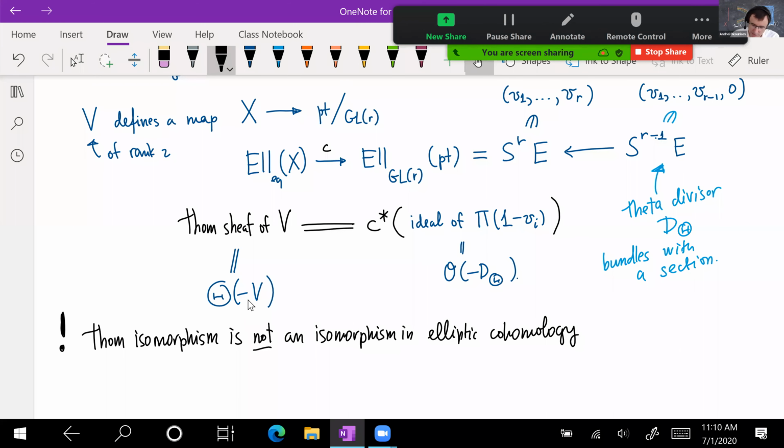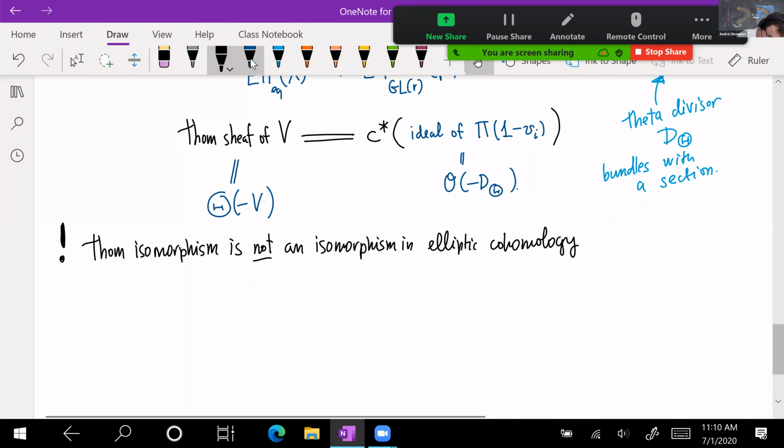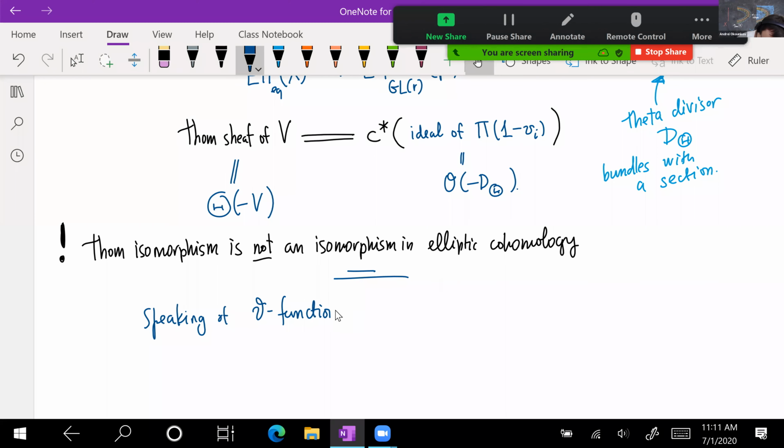Speaking of theta functions, maybe apropos, what's the ordinary theta function?